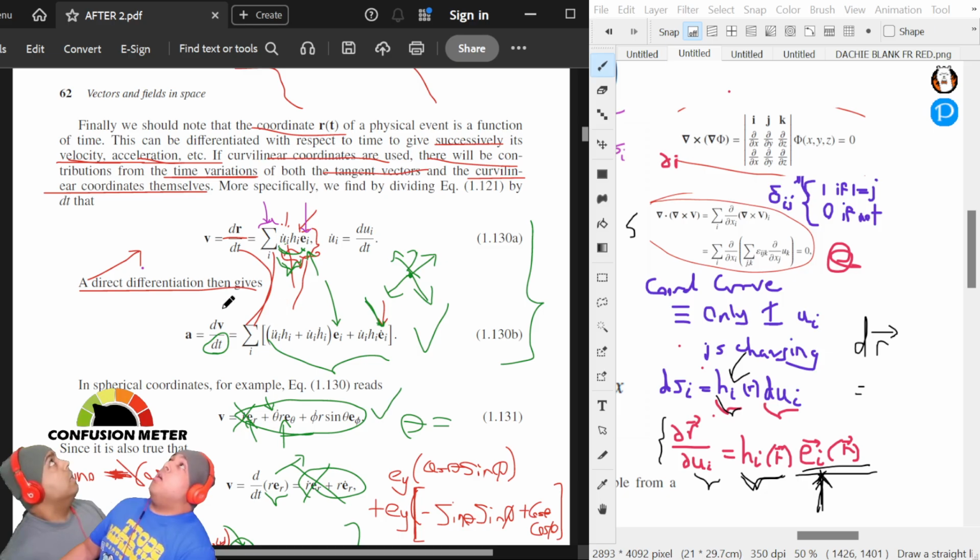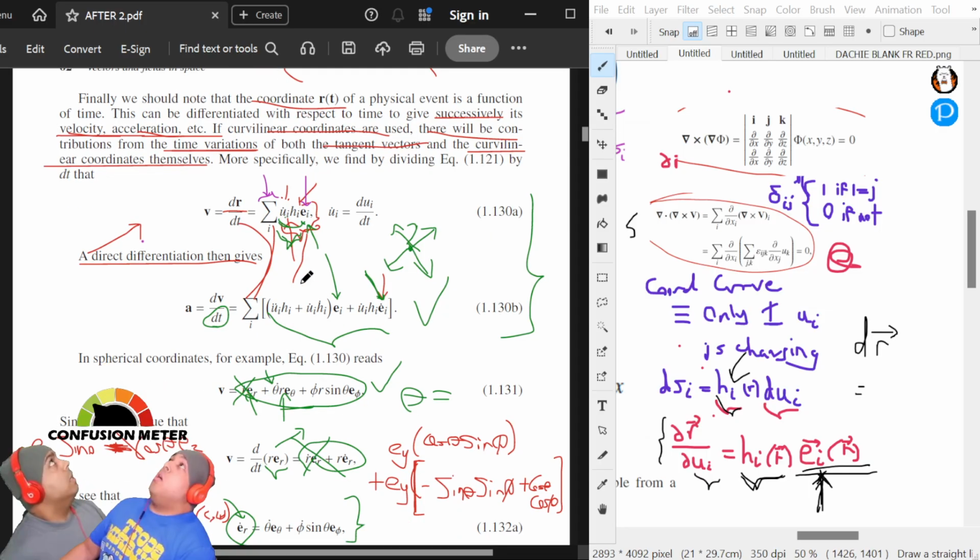After you differentiate it, you get the normal e_i, but what is e_i dot?